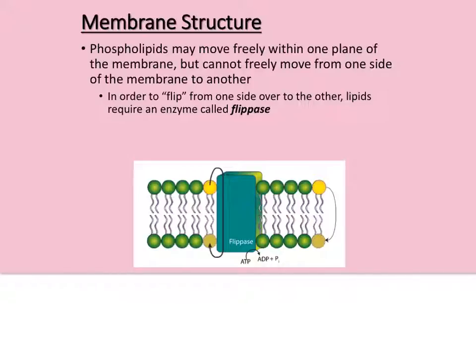So in order for a phospholipid to do this, it requires an enzyme called flippase, and flippase will actually use energy to move a phospholipid from one side to the next. Now scientists have suggested that this only happens maybe one time a month for a cell. So it's very rare that it needs to move phospholipids from one side to the other, and if it did, it would have to burn some energy to do that.